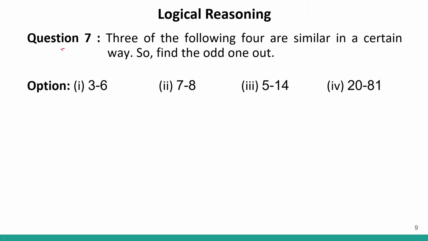Question number 7. Question number 7, I can see 3, 6, 7, 8, 5, 14 and 20 and 81. So over here, 3 is a prime number. Correct? 7 is a prime number. 5 is a prime number.